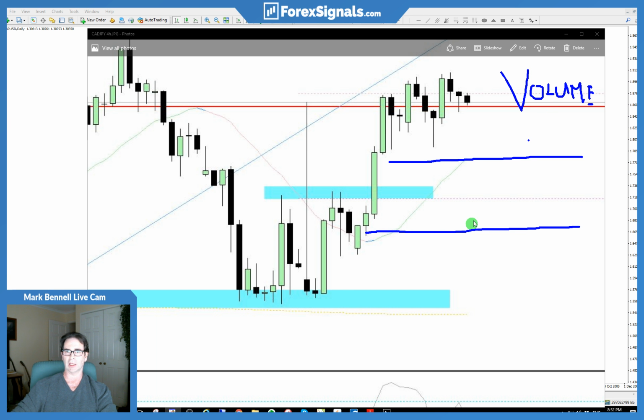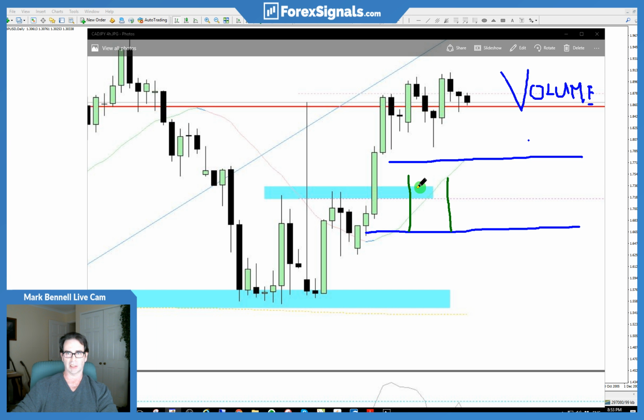So, like any good pattern, I want to see large volume on the first and the fifth day, because that shows me that there's been plenty of participation.